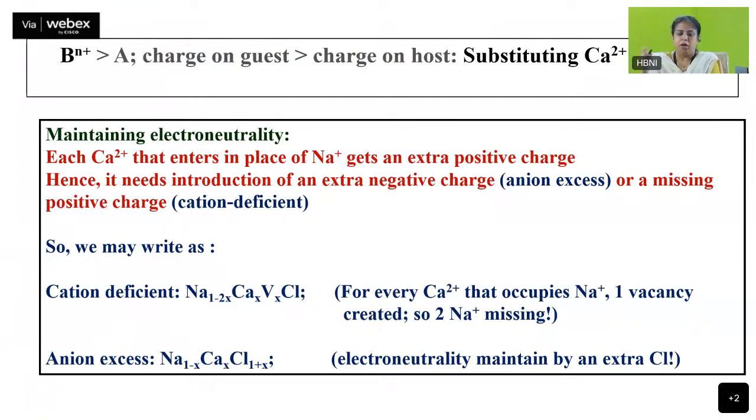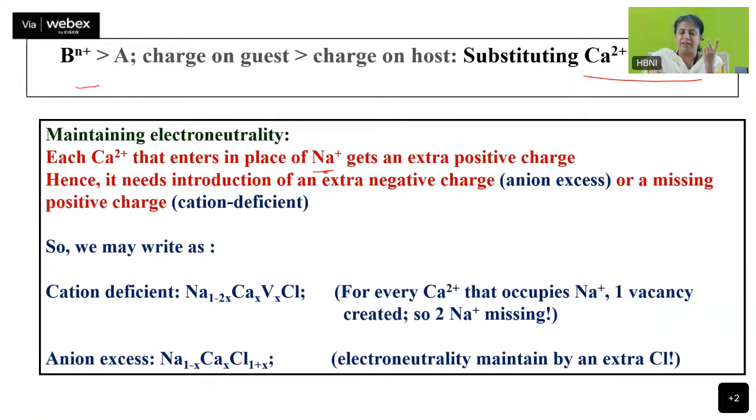Okay. So, an example where your guest cation has higher charge. We'll take the very simple example that we talked about earlier also. You're substituting calcium in NaCl. Okay. So for every calcium that enters, 2 of Na+ are getting replaced by 1 of Ca2+.